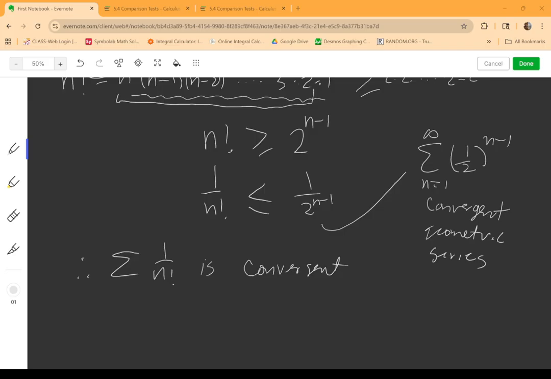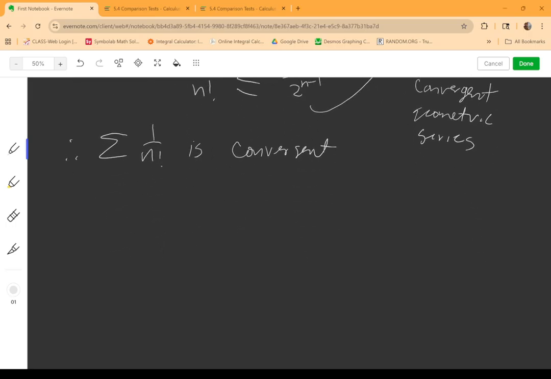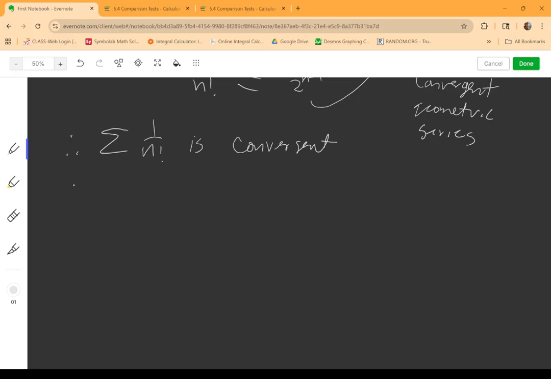The example I want to take a look at is the sum of n factorial over n to the n.